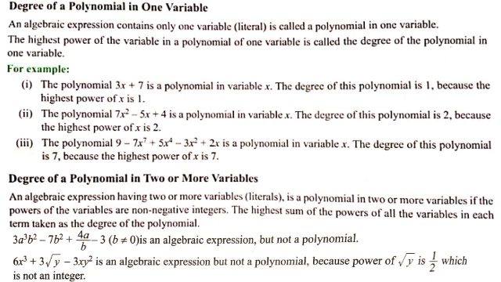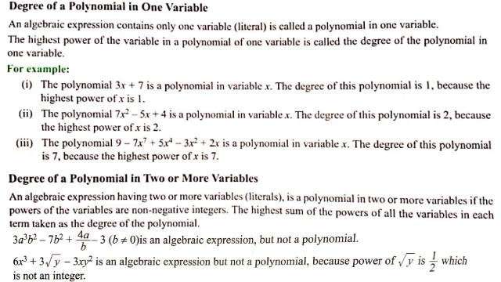Degree of polynomial in two or more variables. An algebraic expression having two or more variables is a polynomial in two or more variables if the powers of the variables are non-negative integers, and the highest sum of the powers of all variables in each term is taken as the degree of the polynomial.